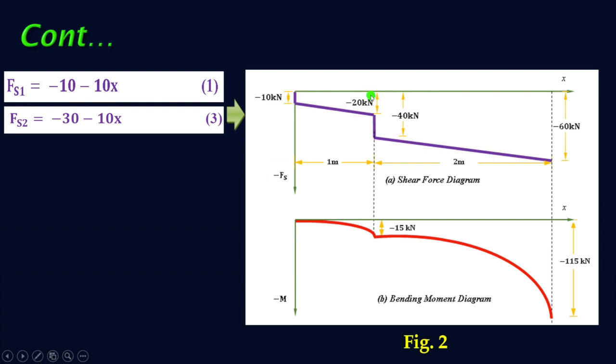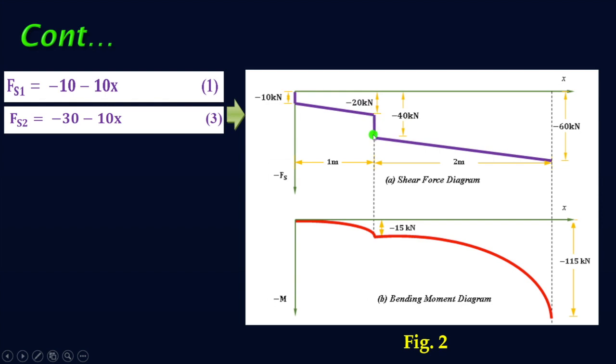At x equals 1, two values are there, minus 20 kilonewton and minus 40 kilonewton. This 20 kilonewton is just before point B and this 40 kilonewton is at B. So this is a vertical line, a fixed constant value vertical line.